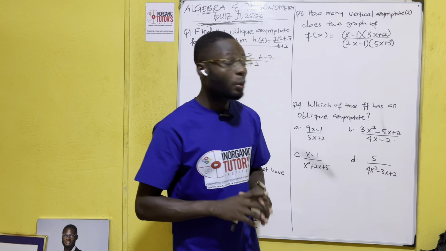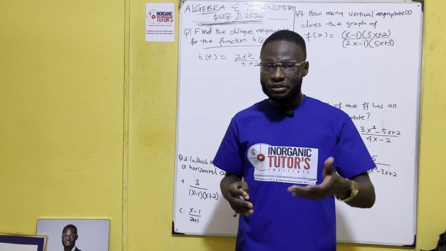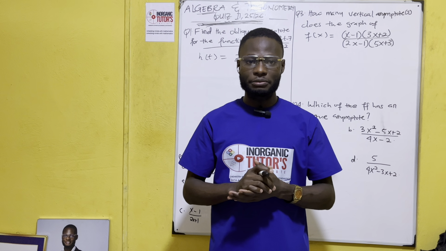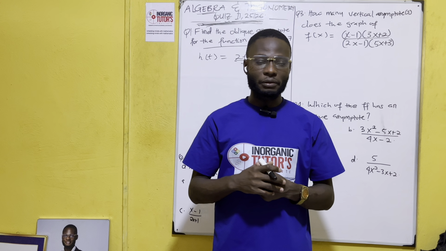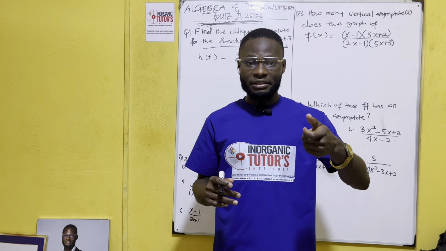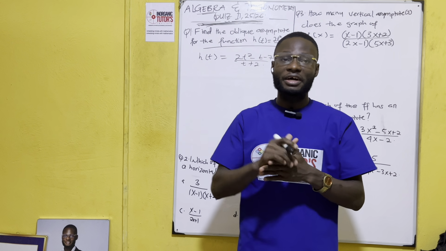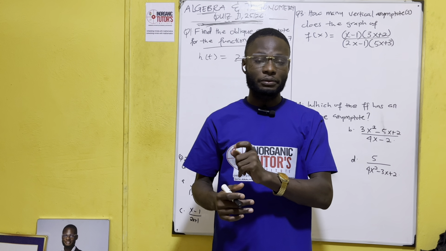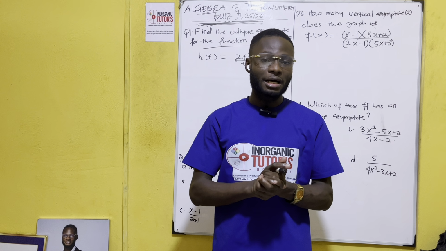Now, with the vertical asymptote, we need a brief understanding so that we can solve these questions, because we are going to have a full episode on asymptotes. The vertical asymptote deals with a rational function. If you want to find the vertical asymptote, simply set the denominator to 0. The values of x that you obtain become your vertical asymptotes.